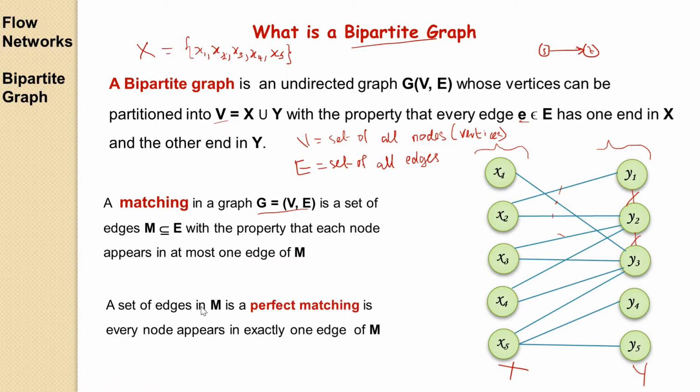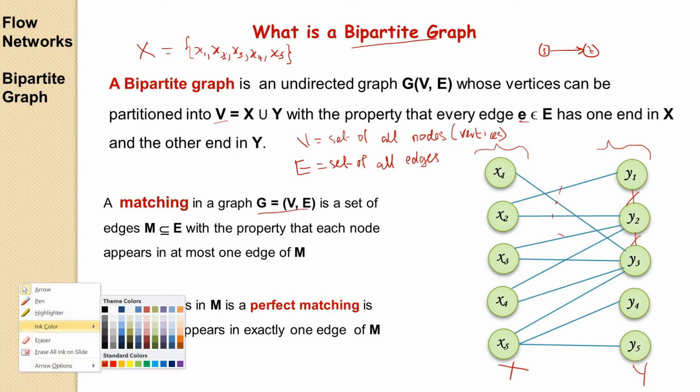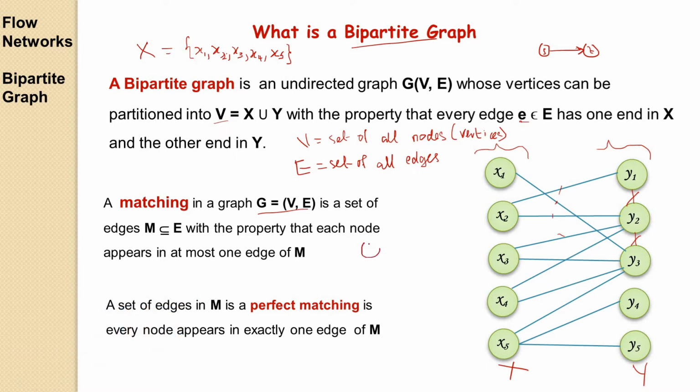Then a set of edges in M is a perfect matching if every node appears in exactly one edge of M. Let me explain the concept of perfect matching because this is also important. Let's just assume we have a bipartite graph like this.